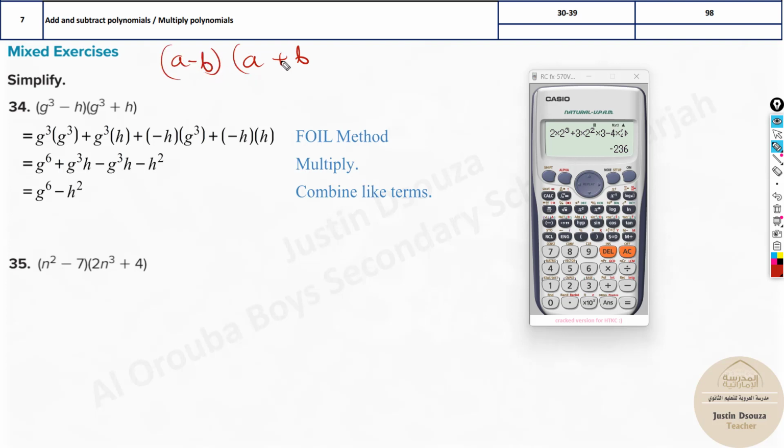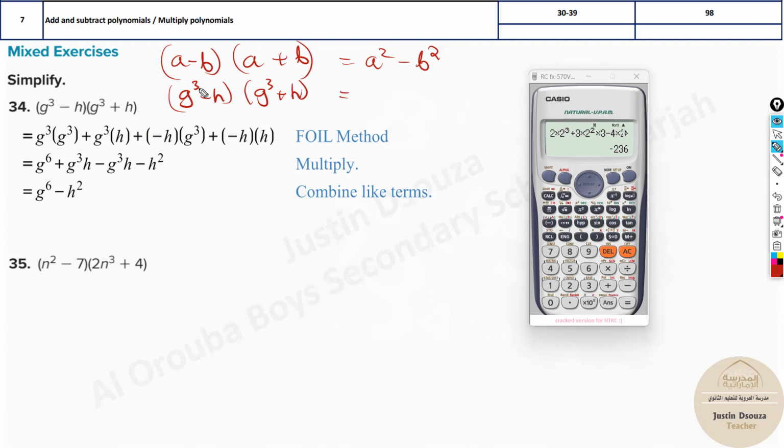What is this formula? (a plus b)(a minus b) equals a squared minus b squared. Now here we don't have a and b, but we have g cubed. It's fine. G cubed minus h, and here we have g cubed plus h. This follows the same pattern.